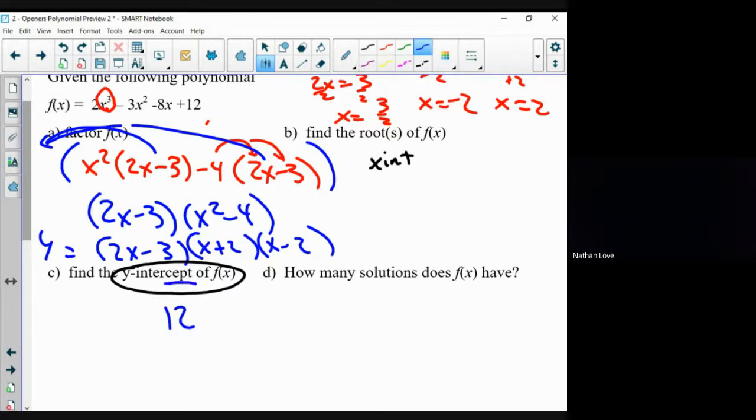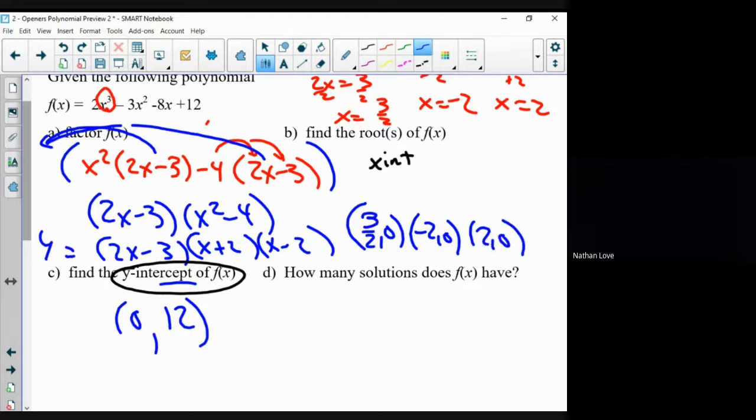I said intercept. It needs to be 0, 12. I'll give you your quizzes back here in a few minutes so you can see what you did right or wrong. That happened a lot. This one here would have been 3/2, 0. This would have been -2, 0, and 2, 0. So those would have been intercepts.